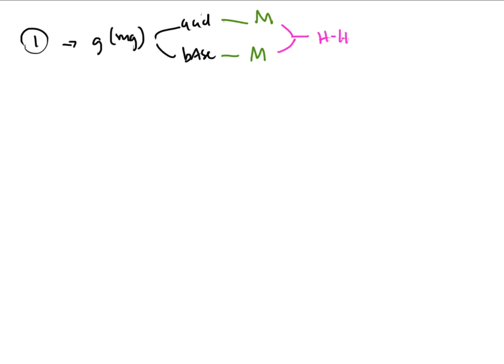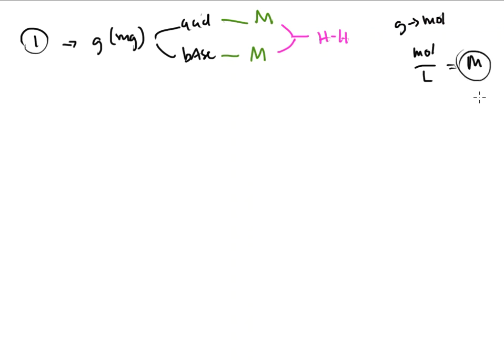To go from gram to molarity, you need to understand that gram needs to go to mole, and you use the formula weight for that. And then when you get mole, you're going to divide by the liter that you're making. How much buffer are you making in total? And that will give you the molarity number.